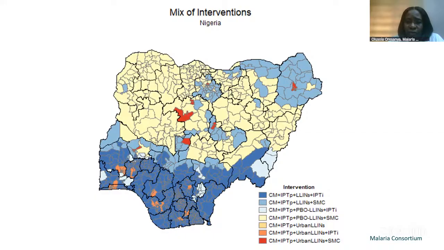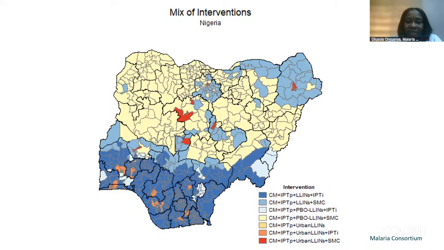As I mentioned earlier, the epidemiology of malaria in Nigeria has evolved. It is no longer one size fits all. So there is a need to look at the different areas in the country based on the malaria risk and context, and then tailor interventions.